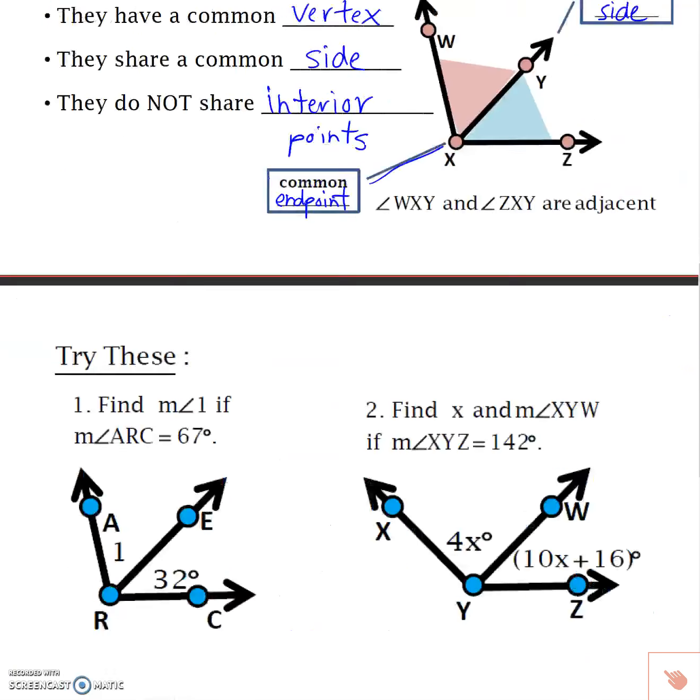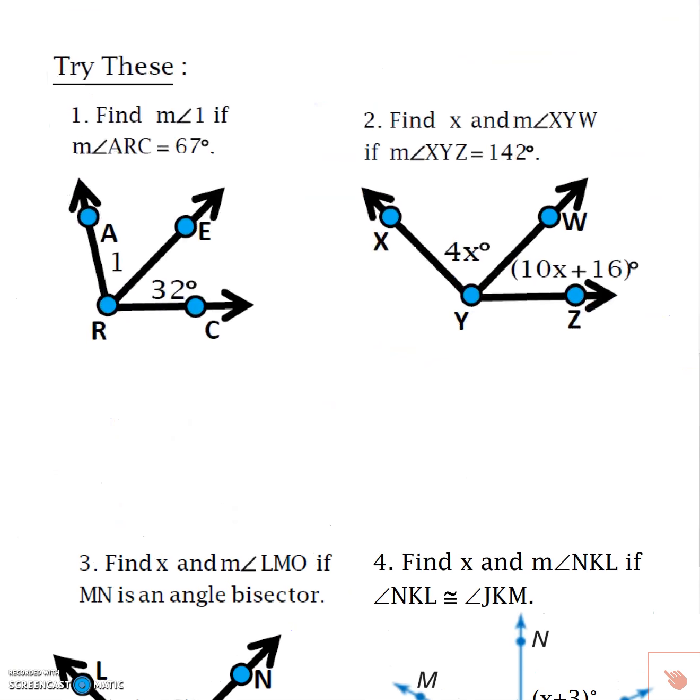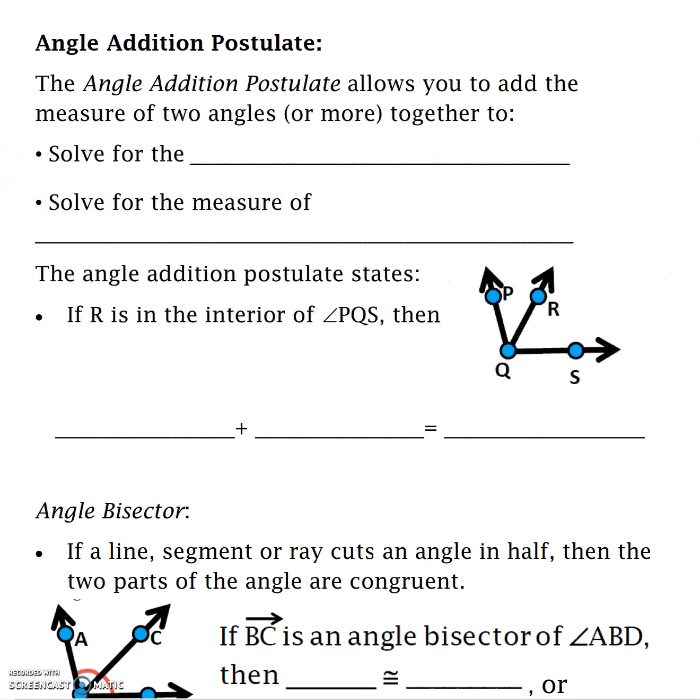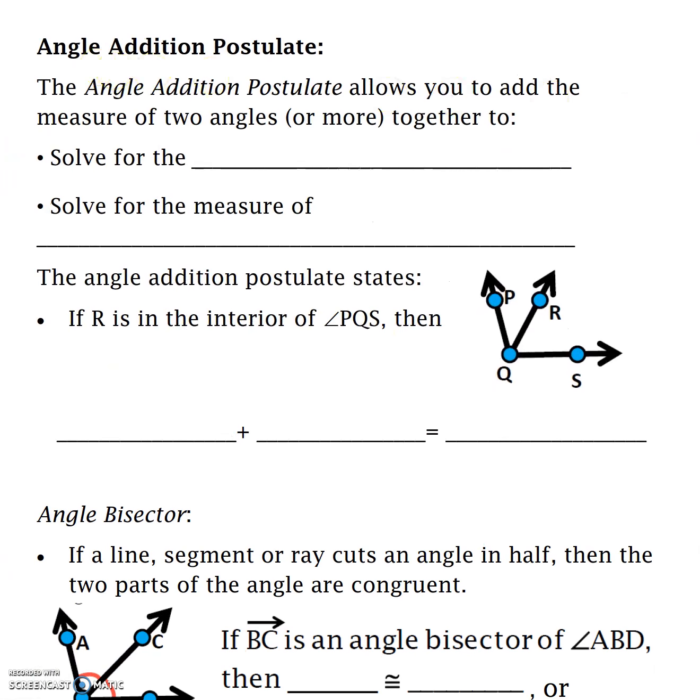Let's go ahead and look at the next portion here. The next thing we're going to look at is the angle addition postulate. We've already had the segment addition postulate, where we had part plus part equals whole for segments. It's going to be the same thing here, except it's part plus part equals whole for angles.